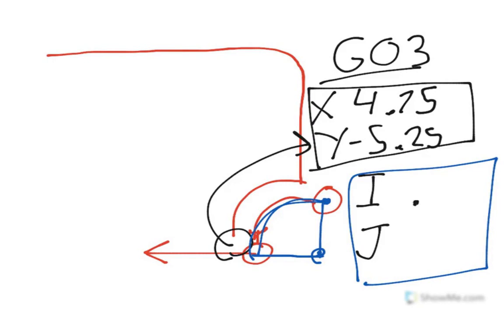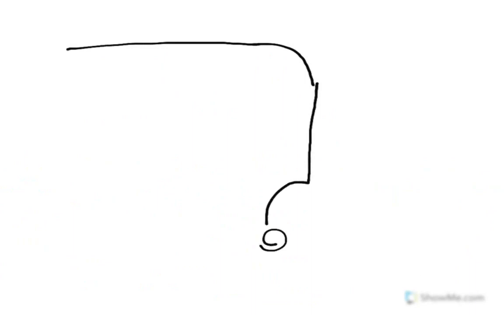Our I is going to be a 0.25, and our j is going to be a negative 0.75. Once we're done with that, we need to go back into our linear motion. So again, we've moved straight, we've traversed around this corner, we've come down, we've traversed again, and now we're at this location needing to move over towards the left.